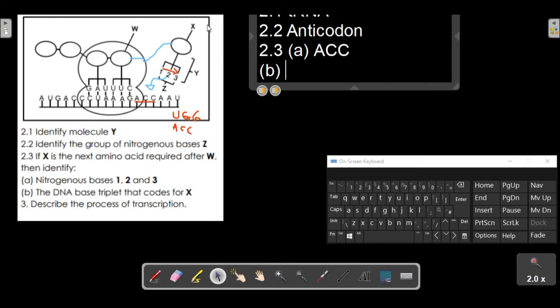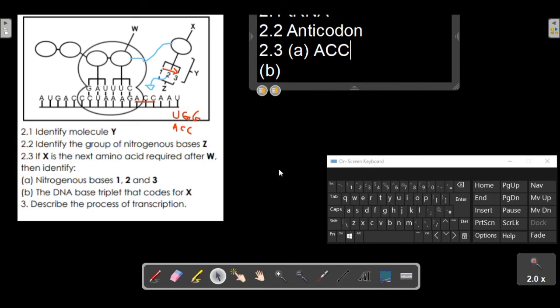That is coding for X. So first of all, X is an amino acid, which of course is attached to this tRNA, which has this anticodon, which is ACC, right?